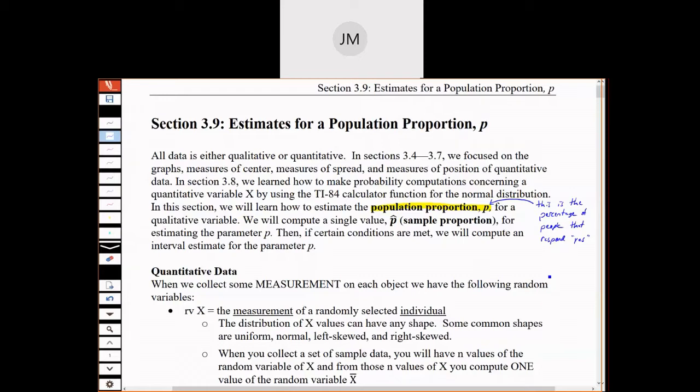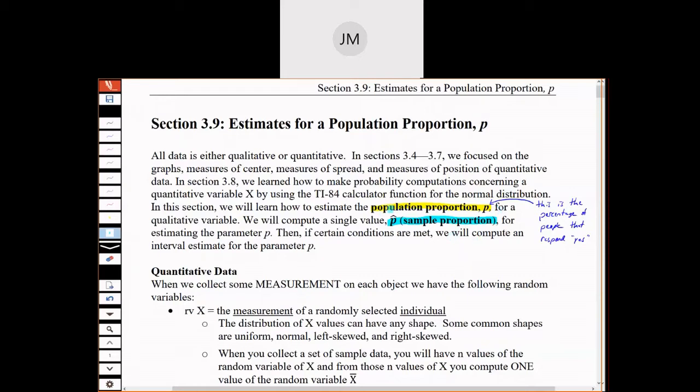Now, what we want to make sure that we distinguish in the beginning here is the difference between the percentage of people in the population and the percentage of people in the sample. Both of these are going to be the percentage of people that say yes, but it's a percentage of different groups. The p that we're using is the percentage in the whole population. So for example, if I want to know how students feel about online learning, and I ask, do you think an online class is better than an in-person one?